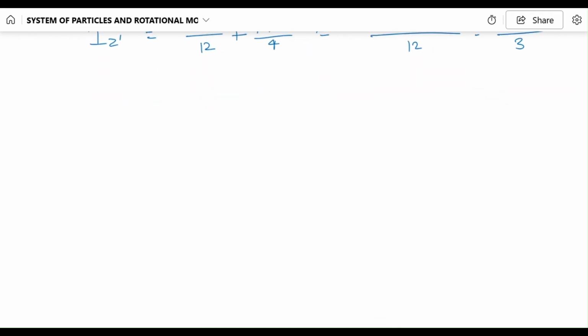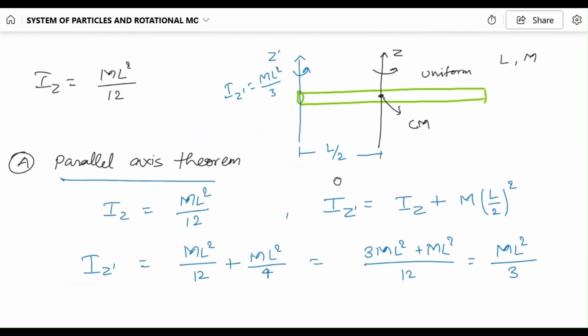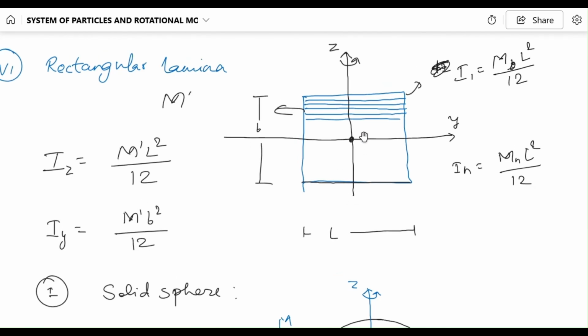Let me write it first, then I'll explain what it is. Perpendicular axis theorem. We have just obtained, in the case of the rectangular lamina, the moment of inertia of this lamina about this z-axis and about this y-axis, and these two axes are perpendicular to each other.